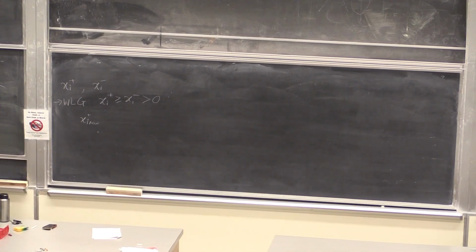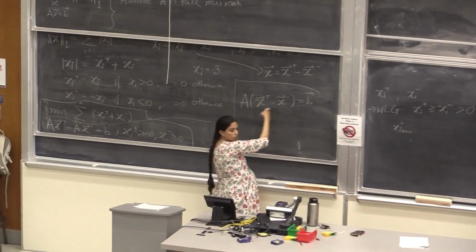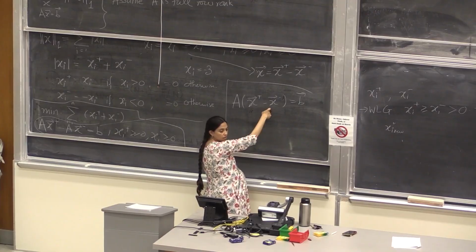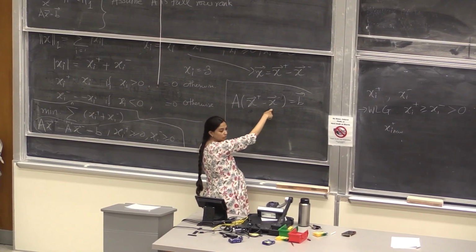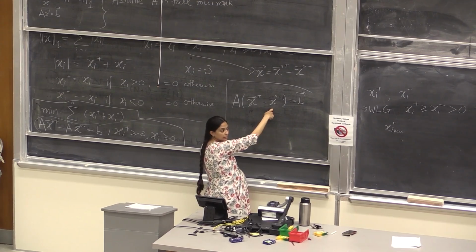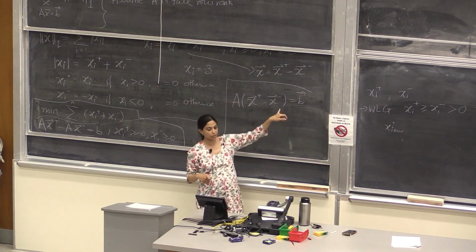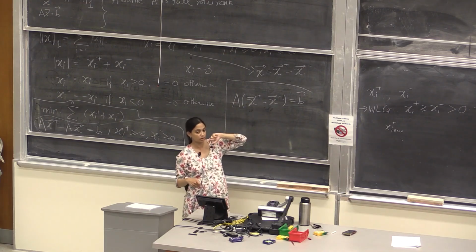Remember, you have xi plus minus xi minus here. So what would you substitute here and here to maintain the gap between these two things? You could put minus here, but then you'd multiply both sides by -1. That wouldn't work.